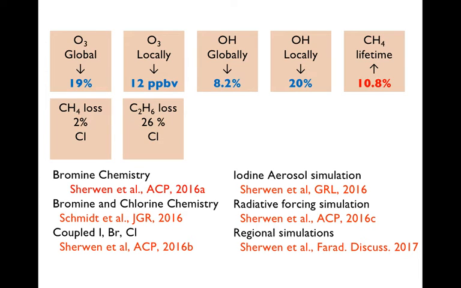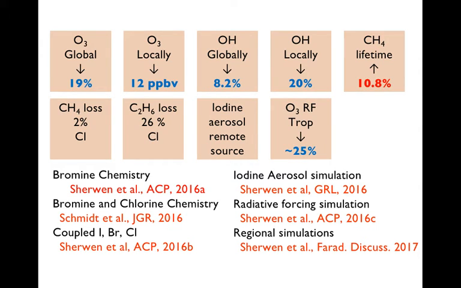We have a new source of aerosol in the model from iodine, and in really remote regions that can be relatively important. The tropospheric ozone radiative forcing drops by about 1/4 because of halogen chemistry. As well as these global impacts, this can have large regional impacts. If I run out of time and you're interested in this, come and talk to me about these things.